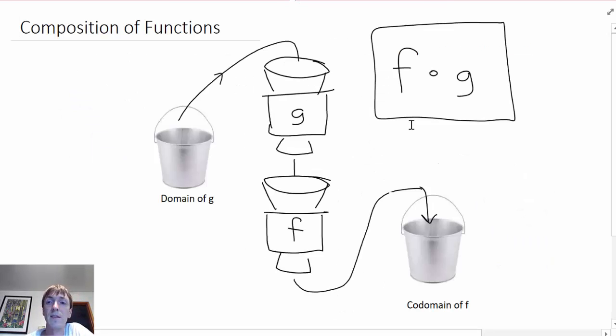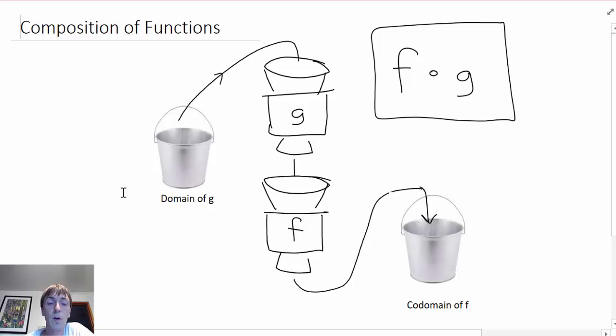Okay, this new one is different though. This is not something you can do with numbers. This is called composition. So the way we denote composition is with this little circle between the two functions, and I just say f circle g or f composed with g.